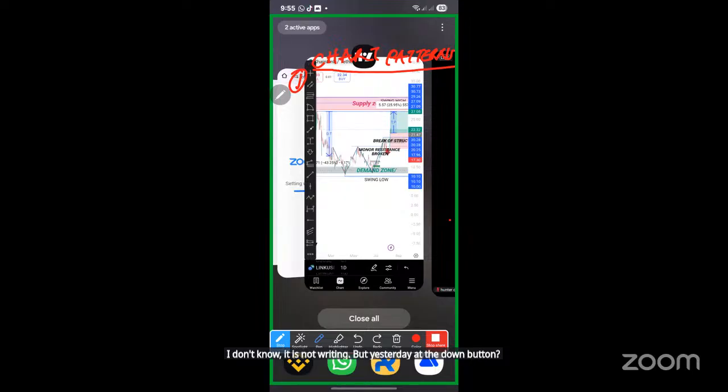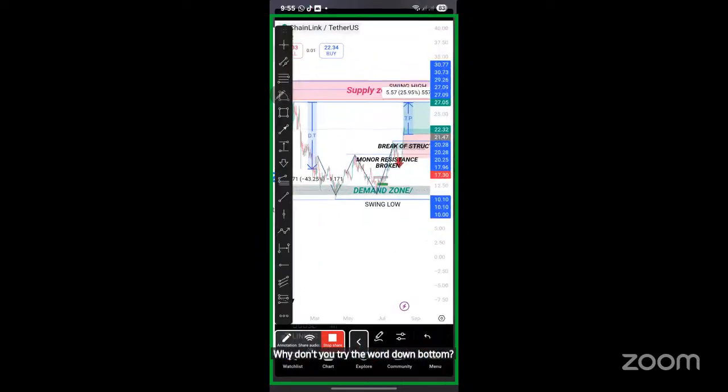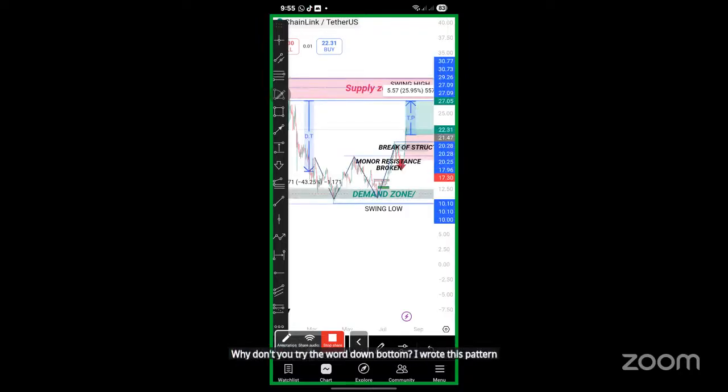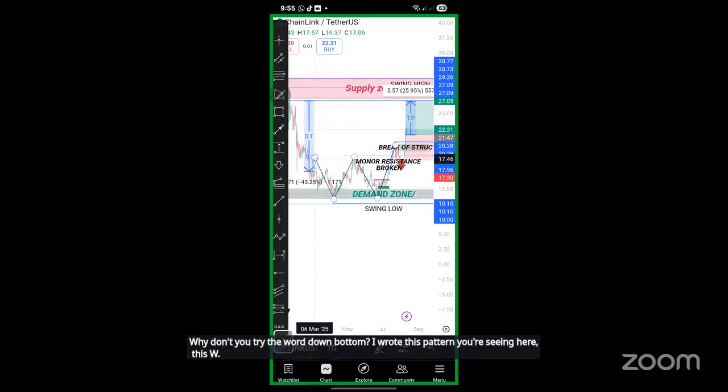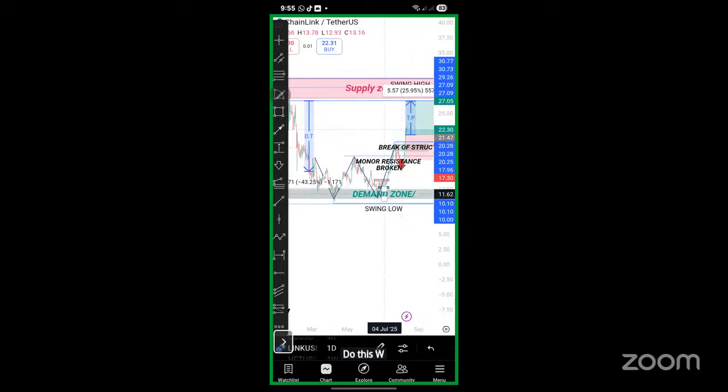I want you to write the words double bottom and draw this pattern you are seeing here, this W. Draw that W like this and write, this is a market reversal signal to the upward side.